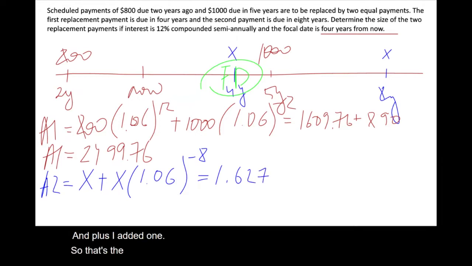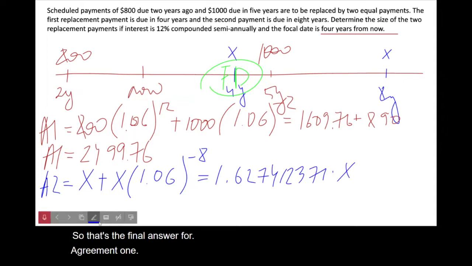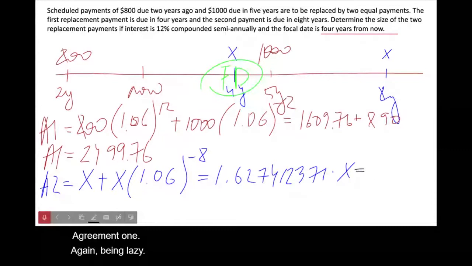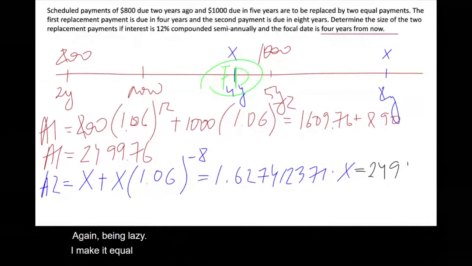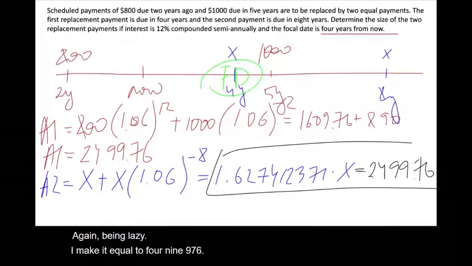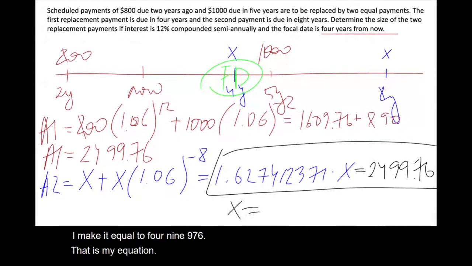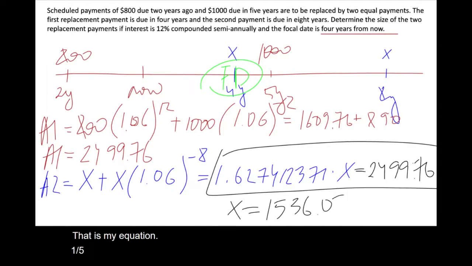So that's the final answer for agreement 1. Again, being lazy, I make it equal to 2499.76. That is my equation. X equals 1536.03. That's the answer.